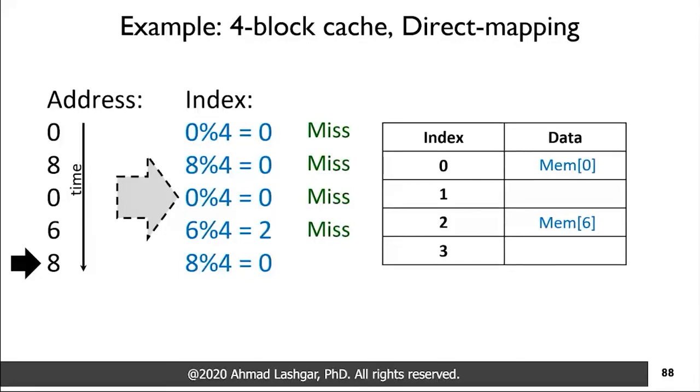At index 0, we have memory address 0, so our data is not in the cache. That's again another miss. We go get the data, bring it into the cache, and replace at index 0. So in the case of direct map, among the 5 requests, we have 5 misses, and miss rate is calculated as 100%.